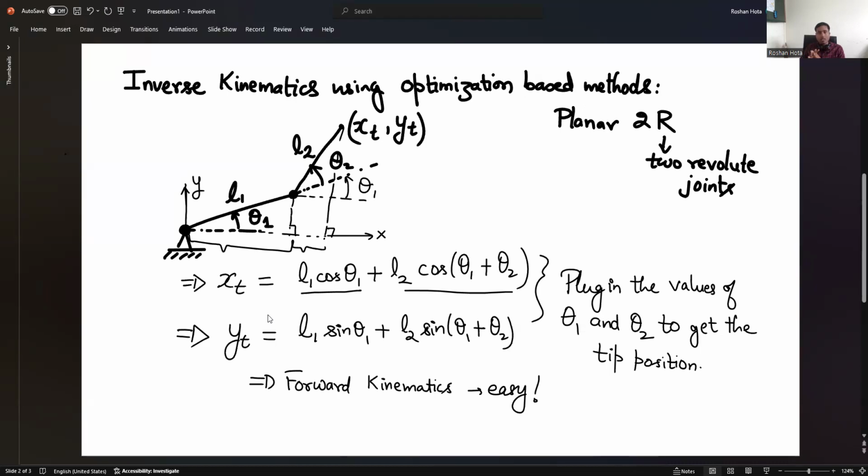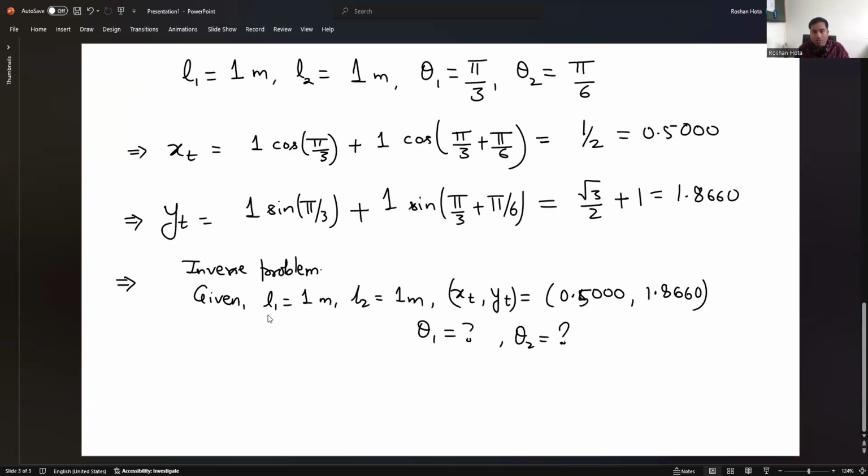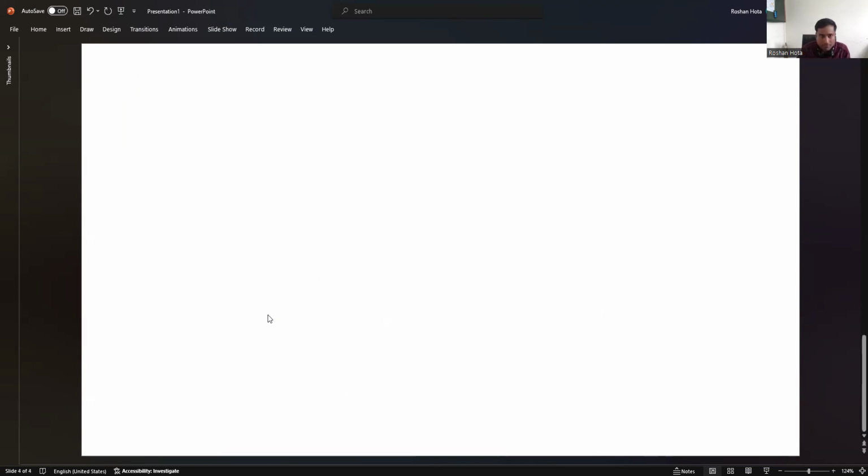So these are two equations and two unknowns, right? So these should be solvable. But this whole activity is a little cumbersome, and sometimes for general robots, this kind of a solution may not be possible. Therefore, we want to pose this problem as an optimization problem.